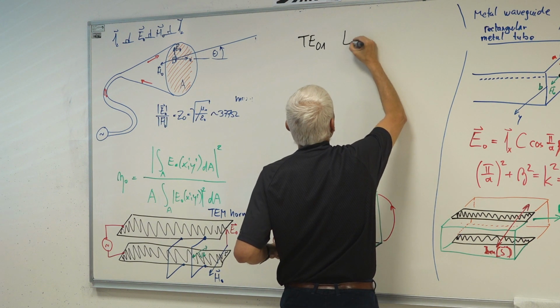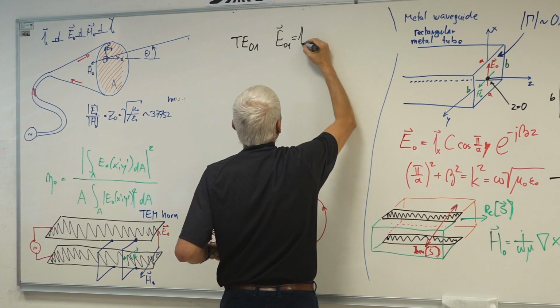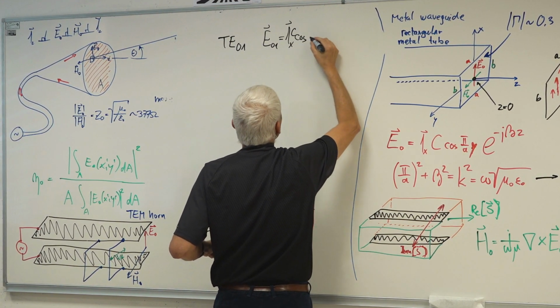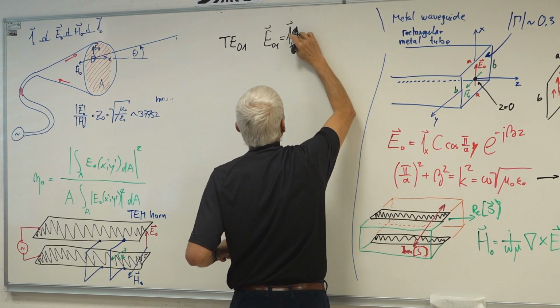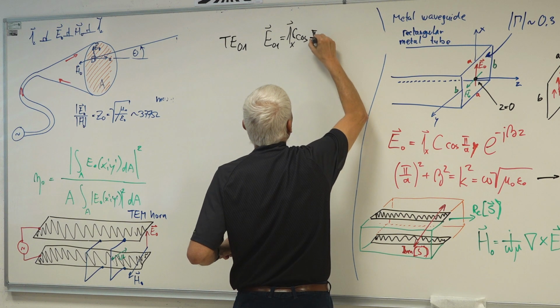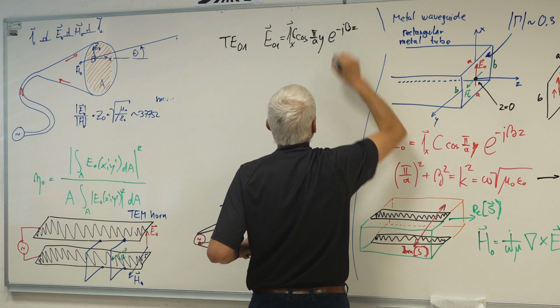This was the electric field of TE01: a constant in the x direction, times cosine pi over a y, times e to the minus j beta z.